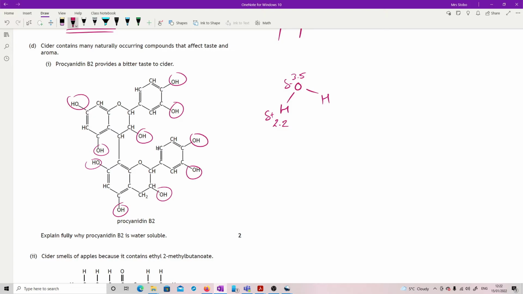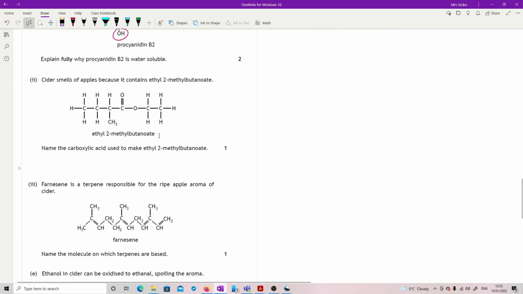There is a whole pile of stuff in here which is non-polar, but the important thing is that it's being outweighed by the water solubility. So you want to talk about the polarity of those bonds, the hydroxyls, and then how they would associate with water.